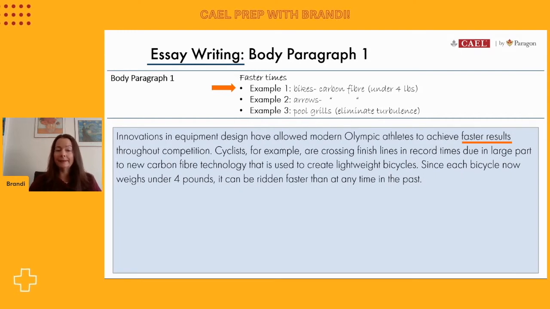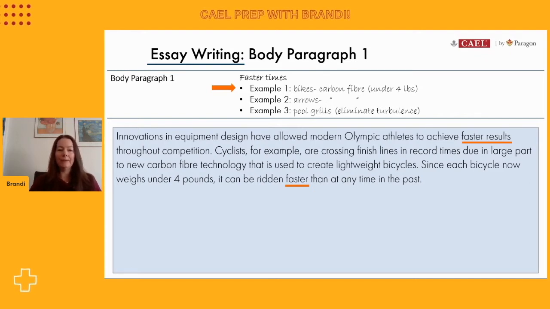So cyclists, for example, notice our transition, for example, are crossing finish lines in record times, due in large part to new carbon fiber technology that is used to create lightweight bicycles. Since each bicycle now weighs under 4 pounds, it can be ridden faster than at any time in the past.